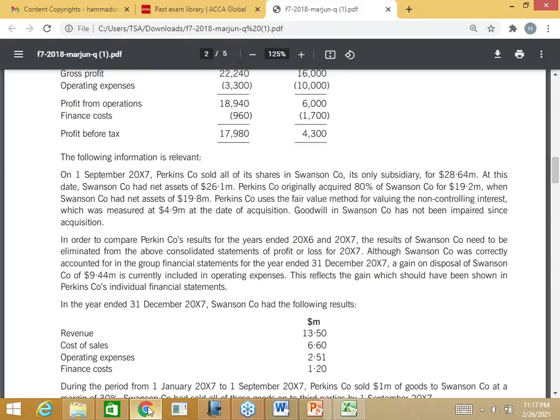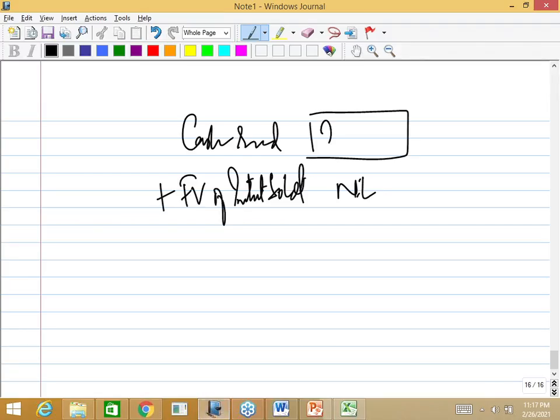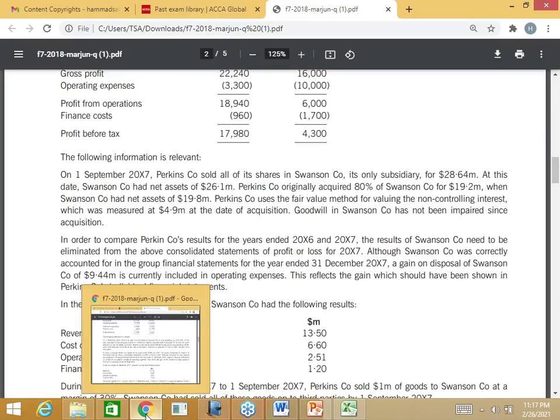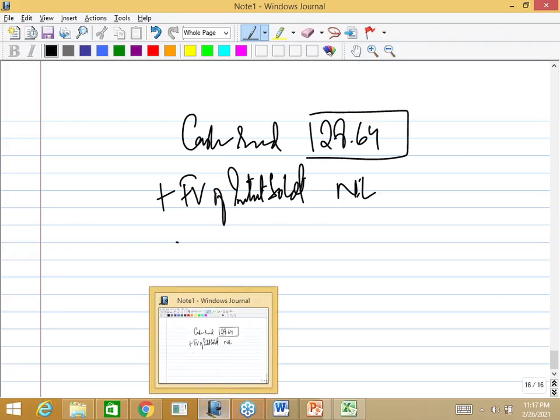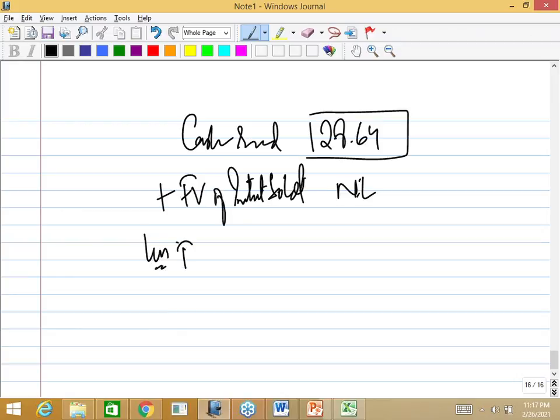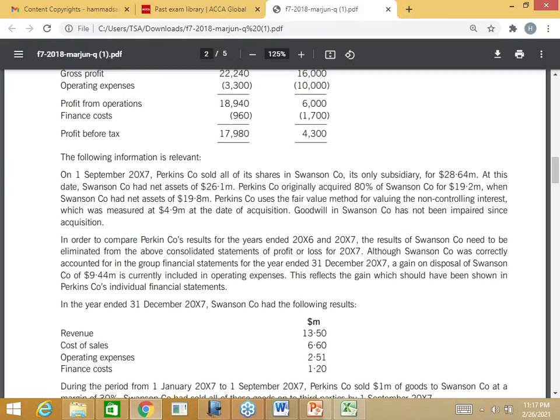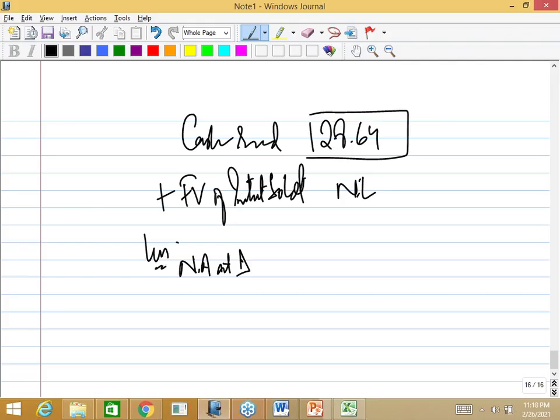You sold the subsidiary for 28.64. So that is 28.64. At this date, Swenson had net assets of 26.1. So at the date of disposal, less net assets at disposal, that is 26.1 million.